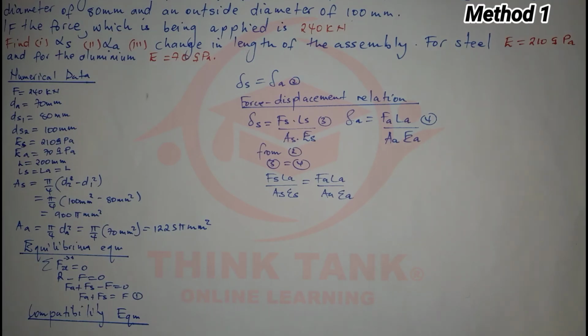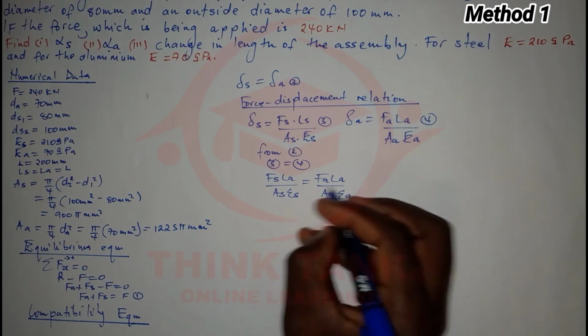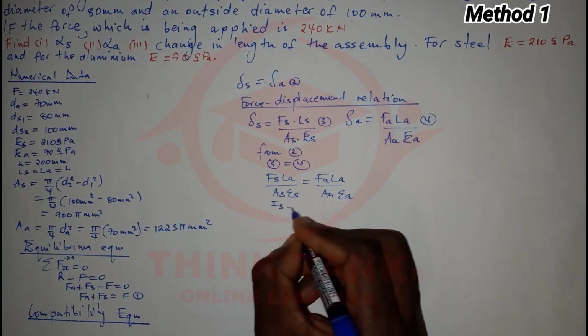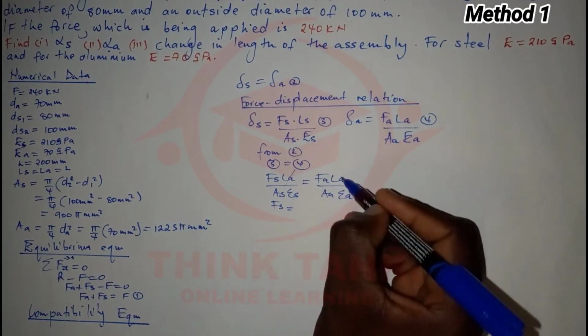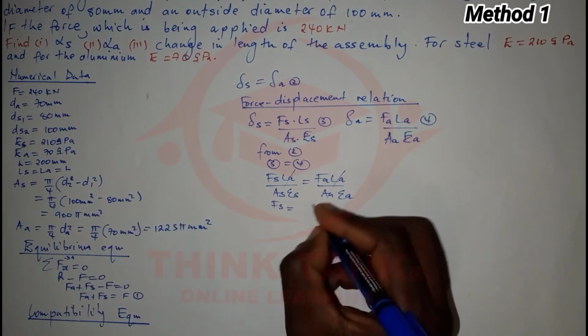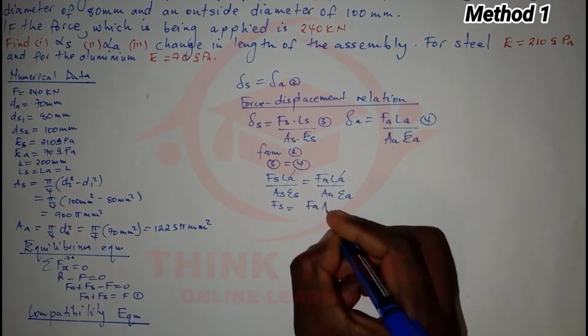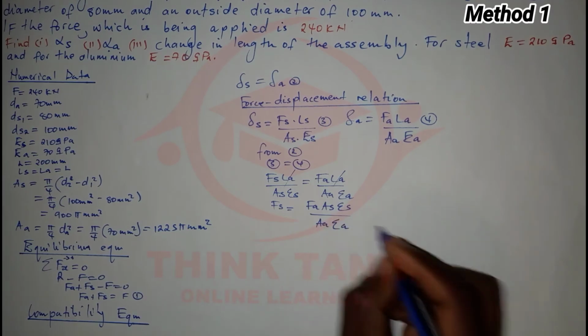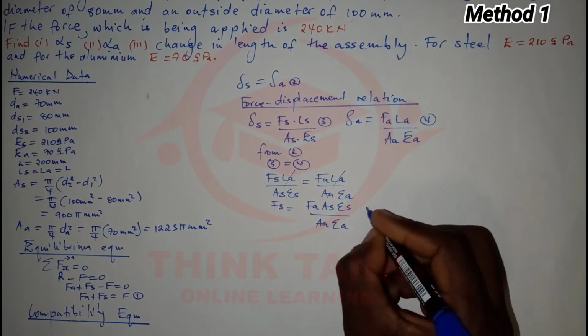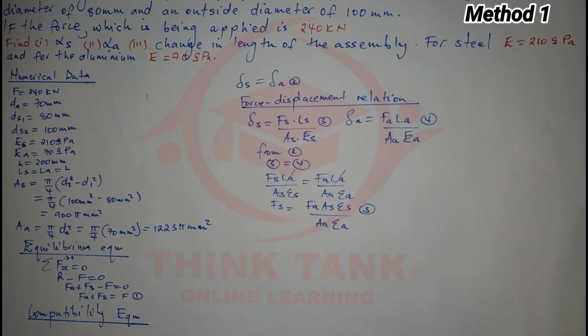We have to make either FA or FS the subject, so I'm going to make FS the subject. I'm going to multiply both sides by AS and ES. But we know that the length is the same, so you can just cancel it. So I'm going to have FA times AS times ES divided by AA times EA. I'm going to call this equation number 5.